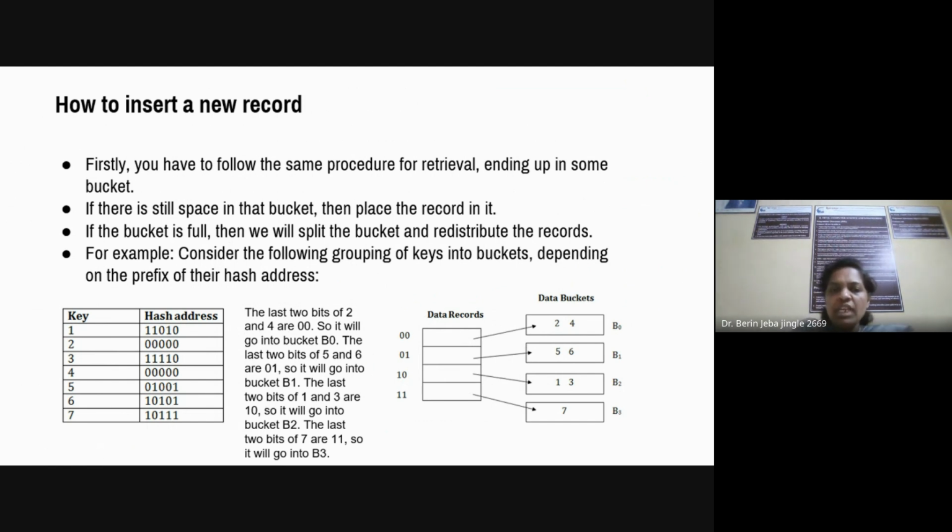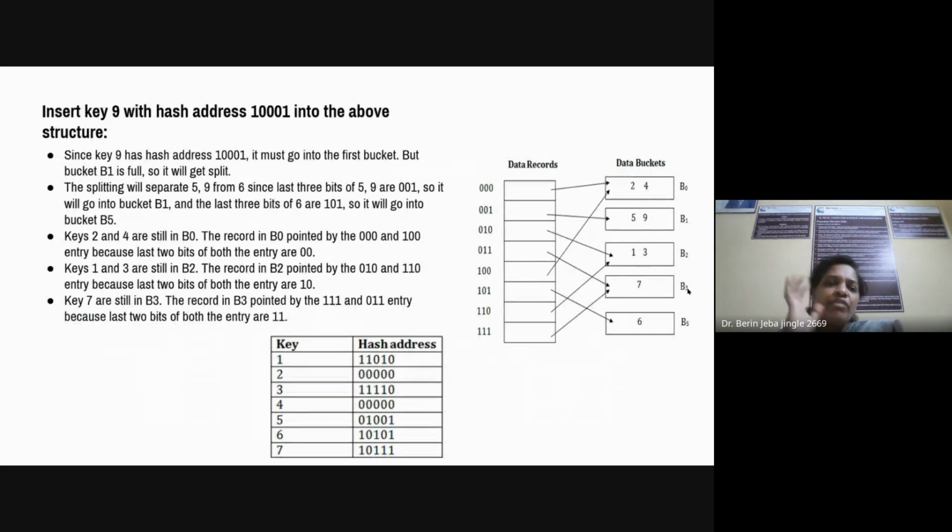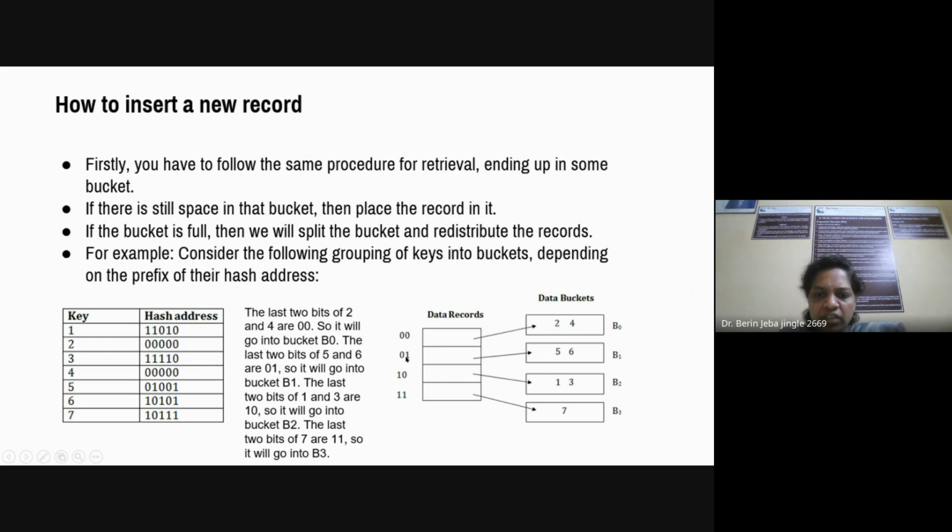Next, again, one example. We are inserting key 9 with hash address 10001 into the above structure. How can we insert? Since the hash address is 10001, with last bits 01, it must go into bucket B1.